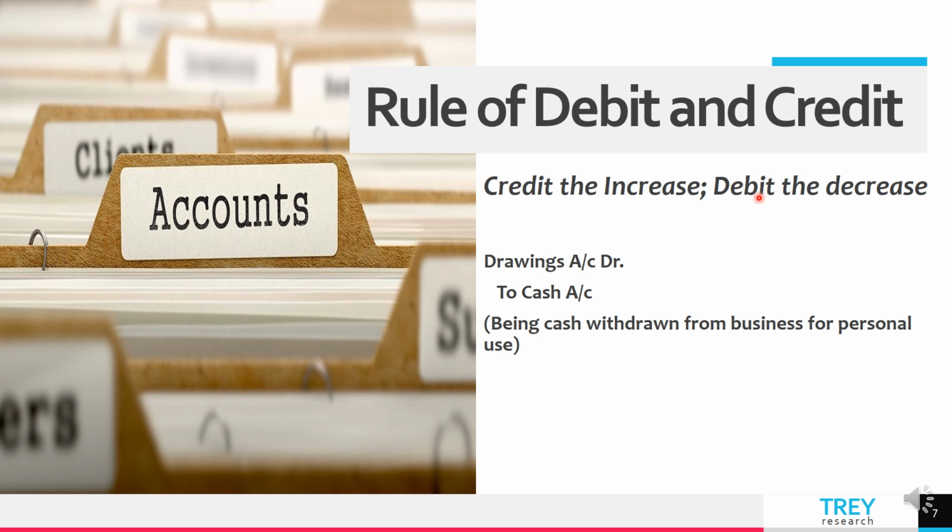Now, since this particular account is a capital account, whenever the capital of the business is decreasing, we'll debit that particular account. Since drawings account is a capital account, we'll debit that particular account. And then, of course, cash account will get credited. Okay, so this particular aspect is particularly unique to capital and drawings. So please remember that thing.